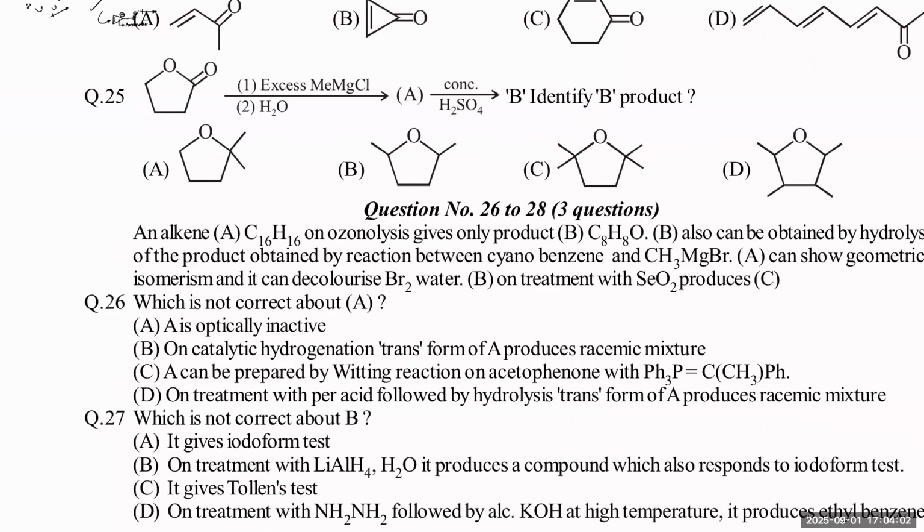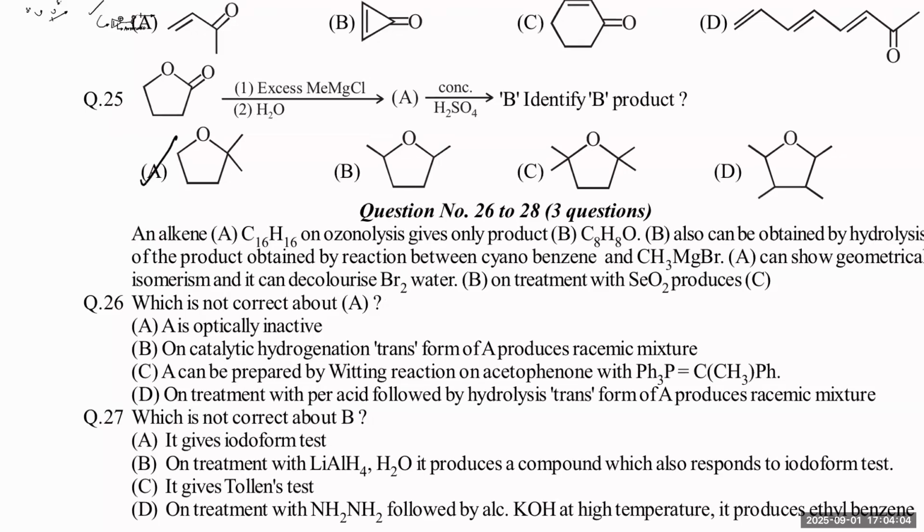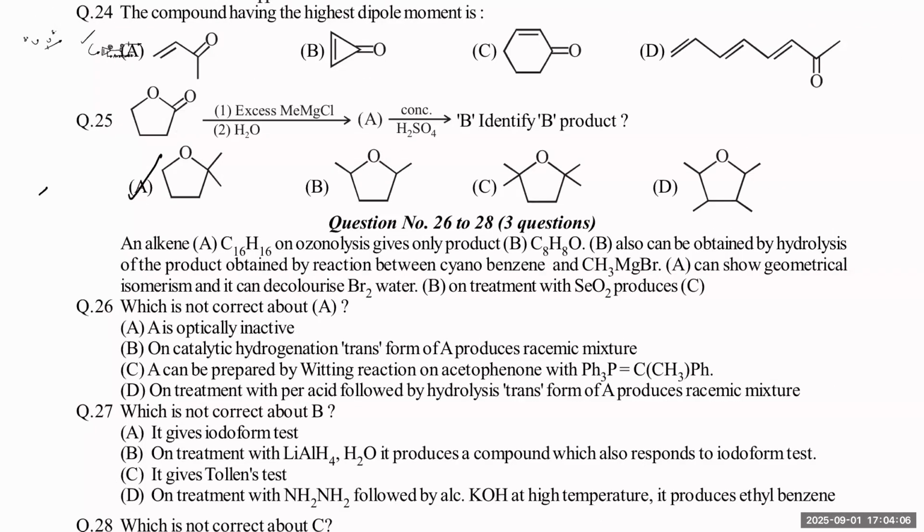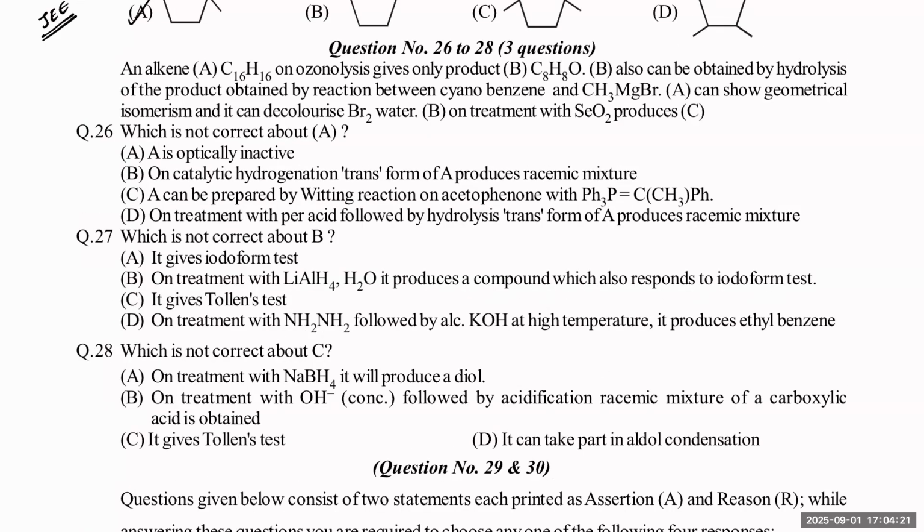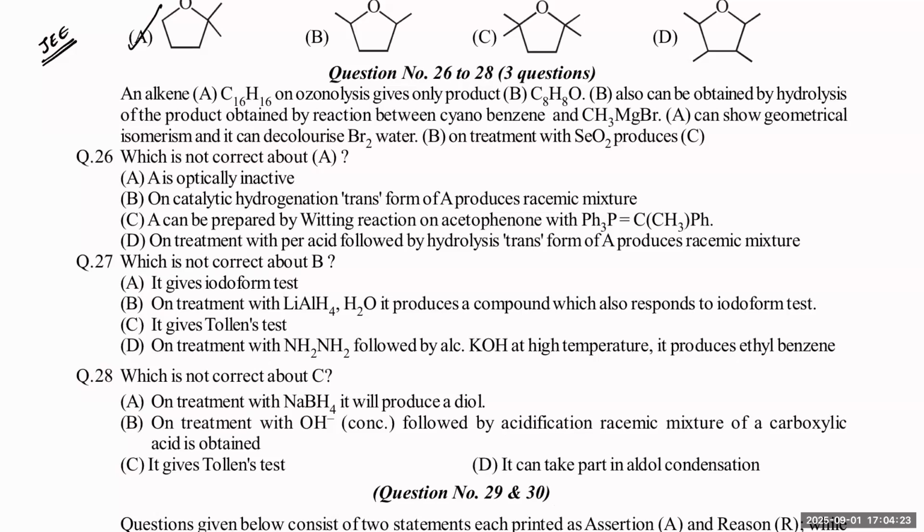Where is that? This one, A. Okay. Again, this is also a JEE question. Meg, one of the questions which you have posted, beta, it has a very similar type of thing. Got it? I'll explain that anyway. Next, check out 26 to 28. An alkene on ozonolysis is giving this one.